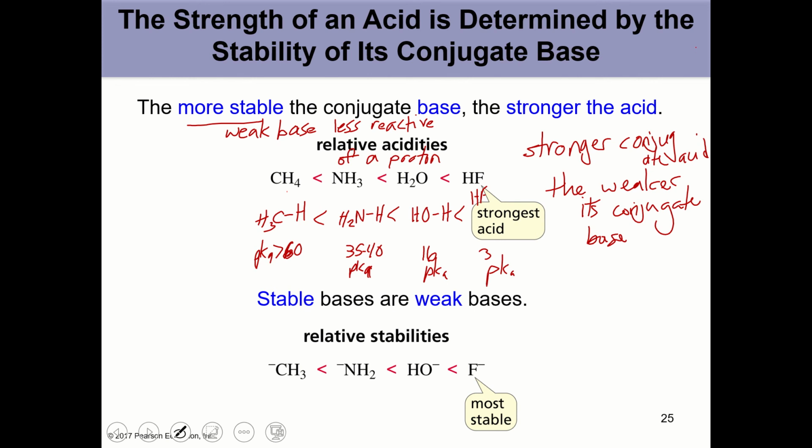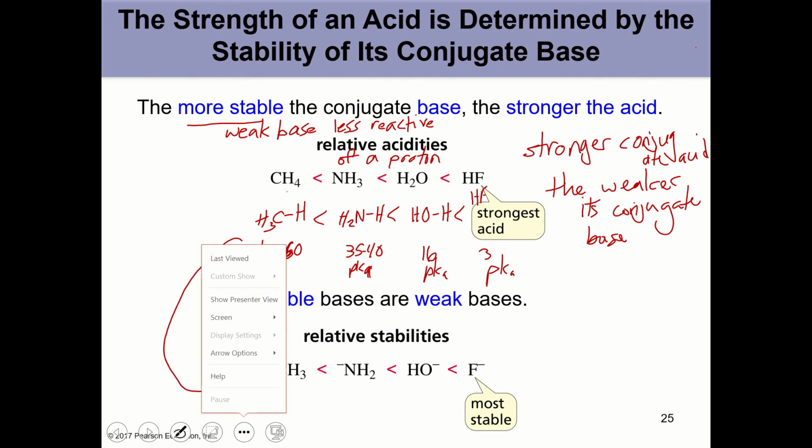If we look at the conjugate bases of these acids, where each of these acids loses the proton that's already given below, we have a deprotonated methyl group, amide ion, hydroxide ion, and fluoride ion.